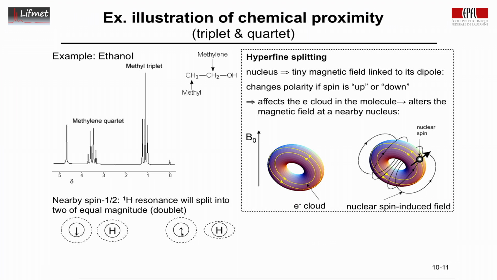And so in our hydrogen of interest, which is this one, the electron cloud will change its configuration ever so slightly depending on whether that nearby spin 1/2 is oriented upwards or downwards with respect to the external magnetic field. This results in a split of the resonance frequency, and the intensity of the resulting 2 peaks is exactly the same.